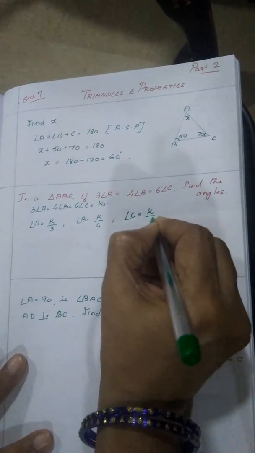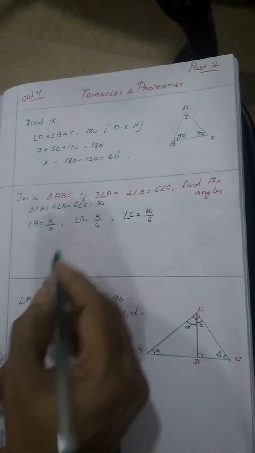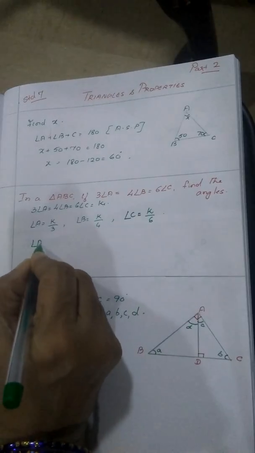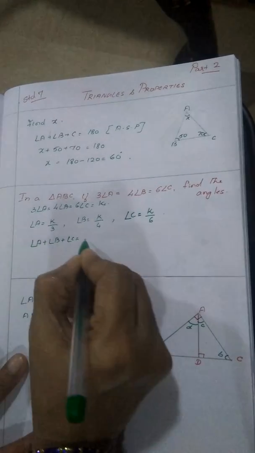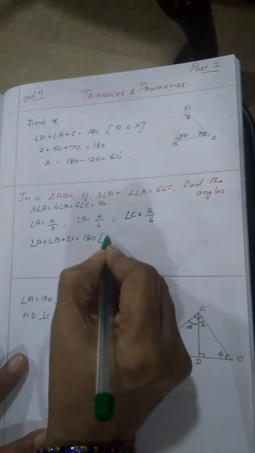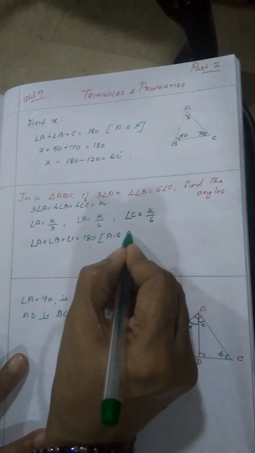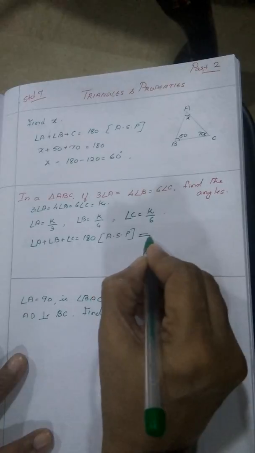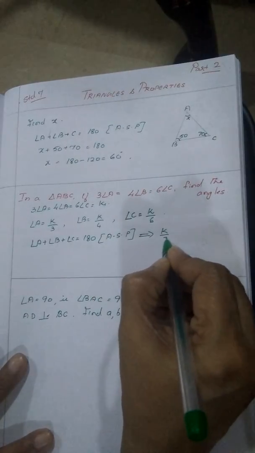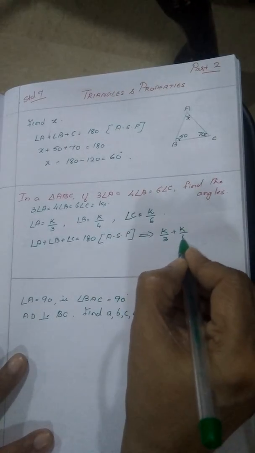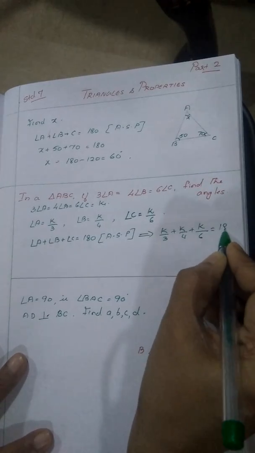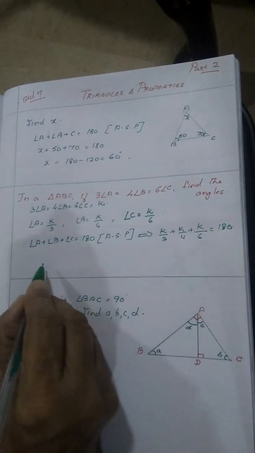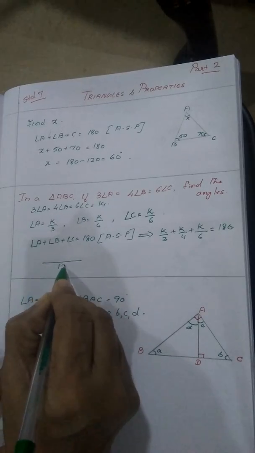And angle C is equal to K by 6. So, we know angle A plus angle B plus angle C is equal to 180, angle sum property, from which you will get K by 3 plus K by 4 plus K by 6 is equal to 180. We will take the LCM. LCM is 12.